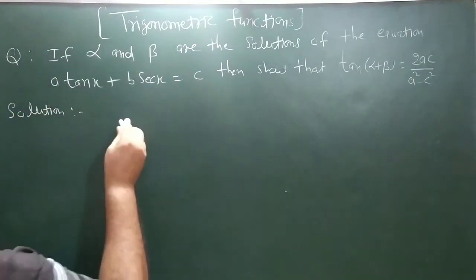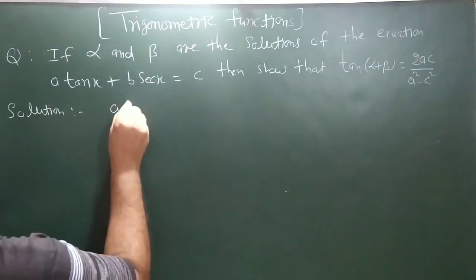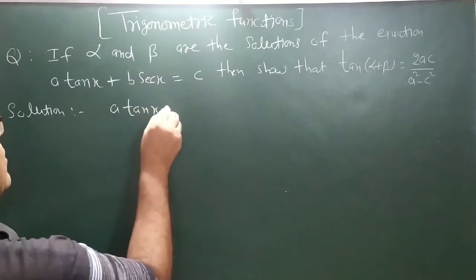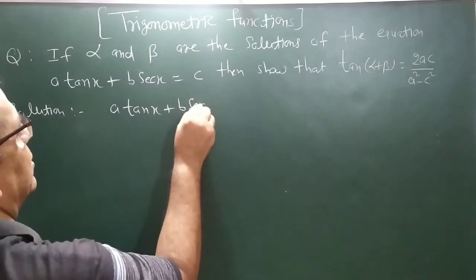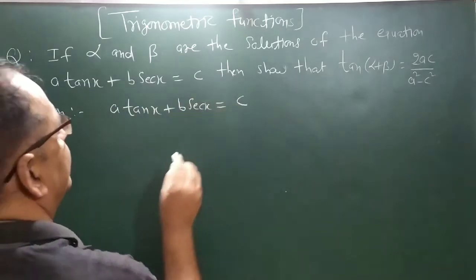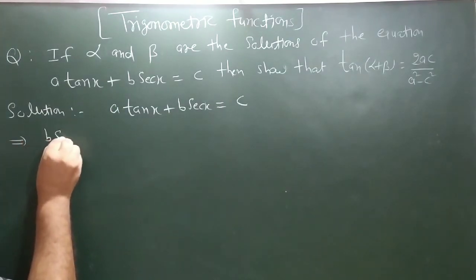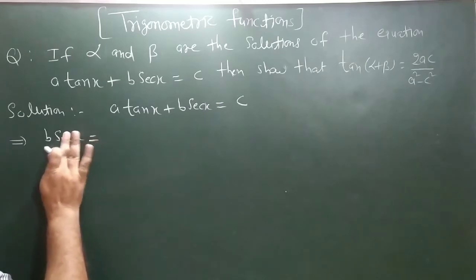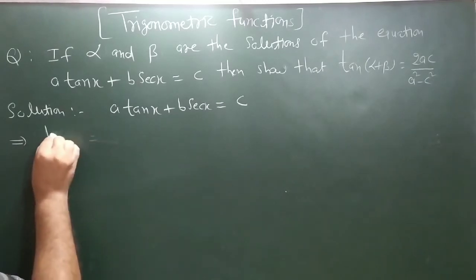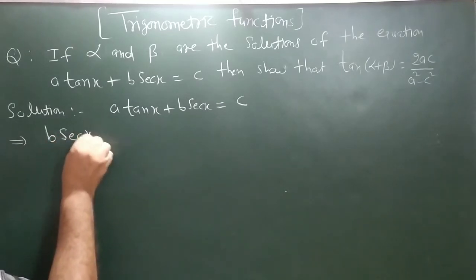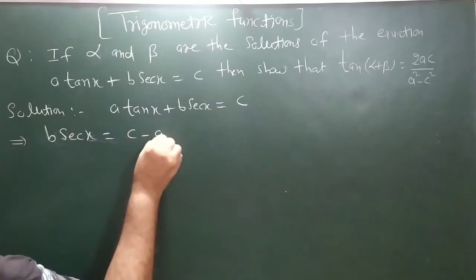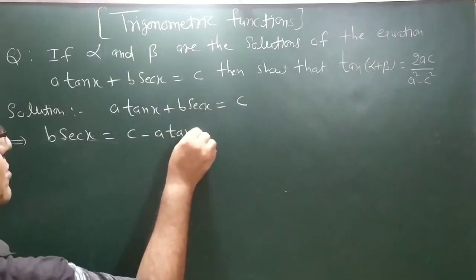So we start with a tan x plus b sec x equal to c. This can be written as b sec x equal to c minus a tan x.